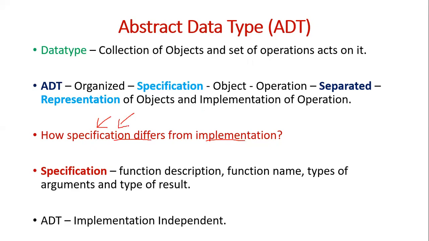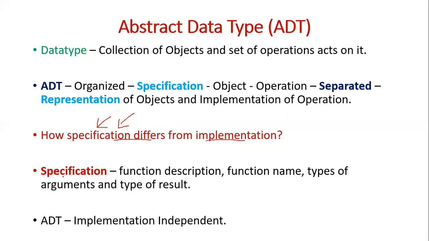The user needs only what is the use of that particular data type and how it is to be used. Only this much the user needs. The user doesn't want any detail about the implementation. Okay, so that is what the ADT does. The ADT separates the specification details of the object from the implementation details.